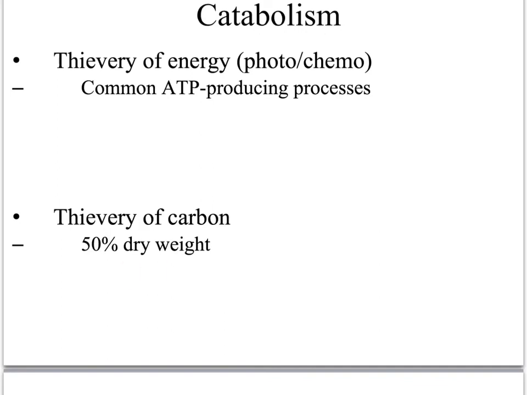A cell needs to come up with that carbon from somewhere. As I'll show you in a second when we talk about anabolism, carbon-based compounds are incredibly important in doing cellular functions. So it has to be able to grab carbon from somewhere, break it down, and then rebuild it into something that it can use.